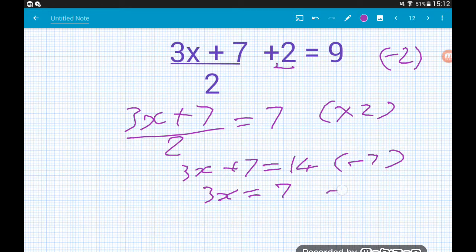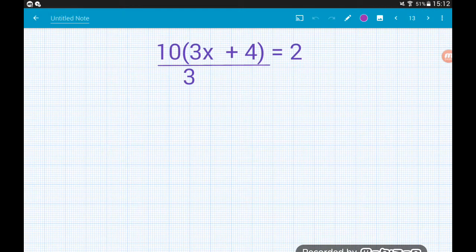And then finally, if we divide by the 3, that's going to leave us with x equals 7 over 3. Which as a decimal isn't very nice. It would be 2.3 recurring. So that is definitely a nicer one to keep as a fraction.